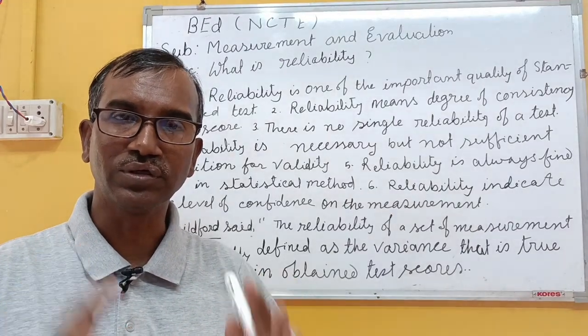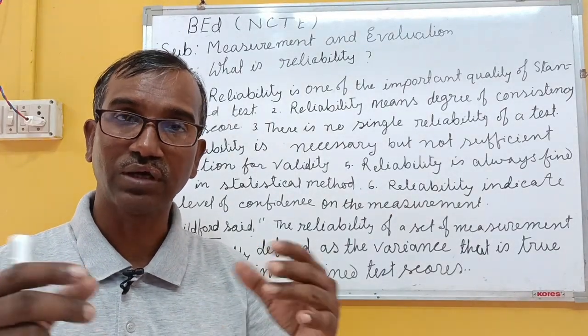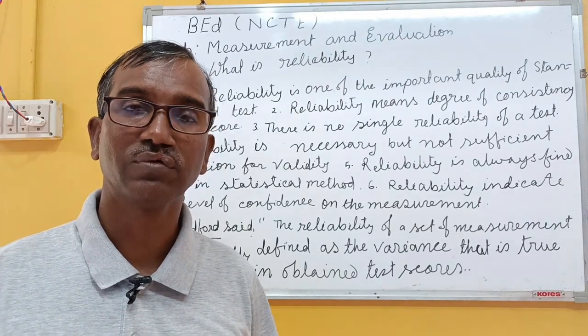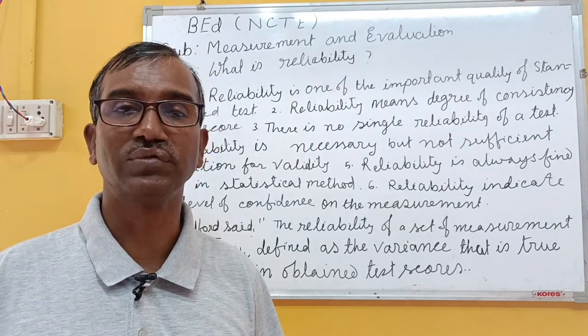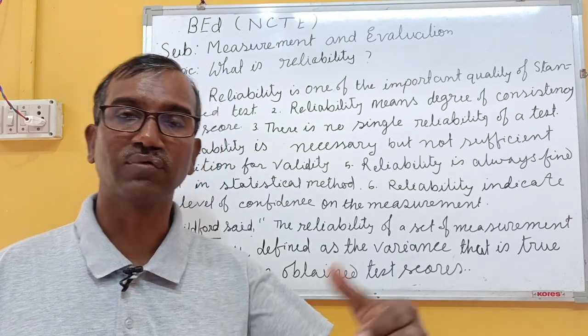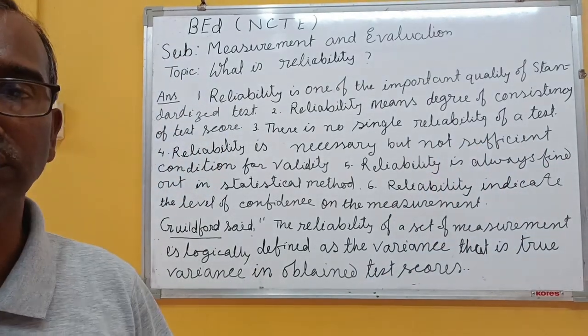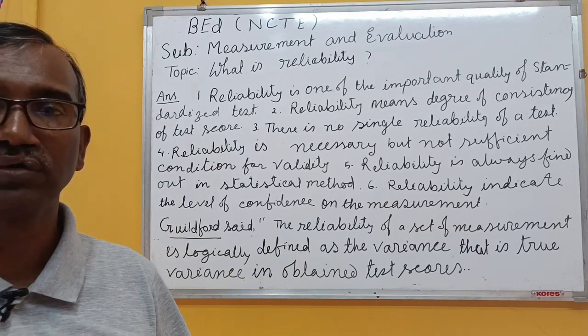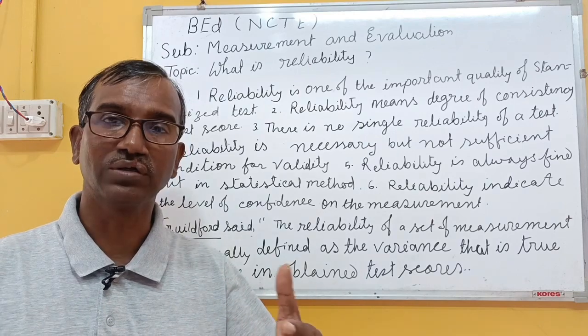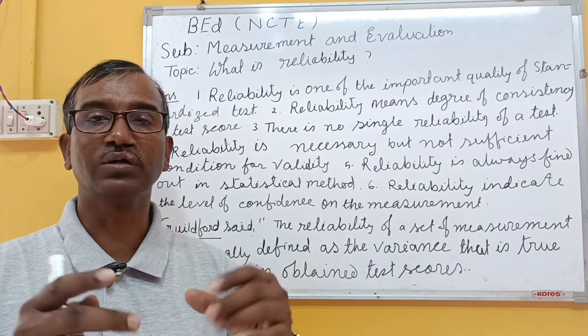That means if a test is applied somewhere by a number of experts, a number of teachers, if the same test is applied in different places on a similar group, after the test you will get a kind of score.